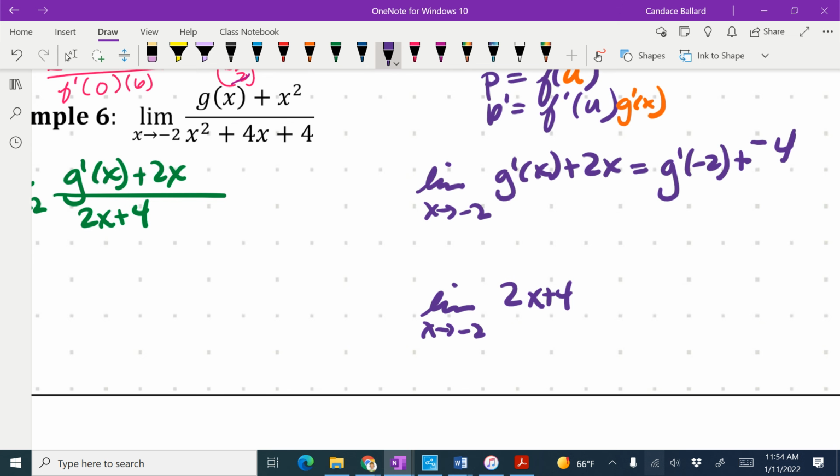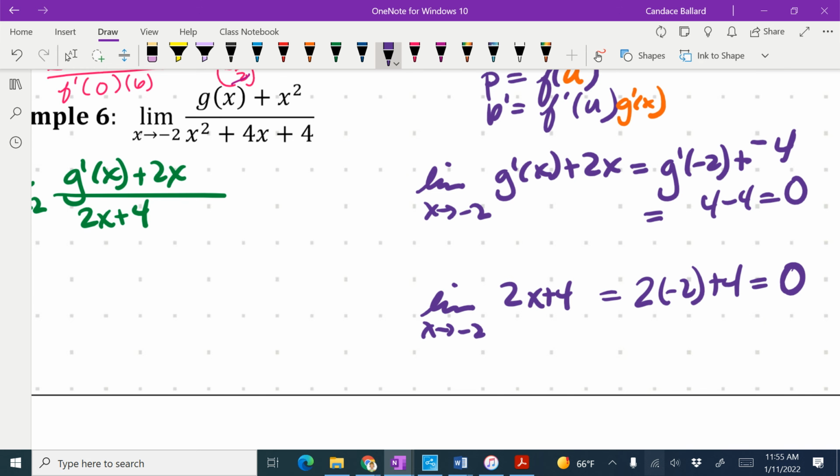Negative 4. Okay, help me out with the table. What's g prime of negative 2? 4. Oh boy, so we got 0 again, right? Okay. I'm going to plug in this denominator. We get 2 times negative 2 plus 4. What's 2 times negative 2? Negative 4 plus 4 is 0.